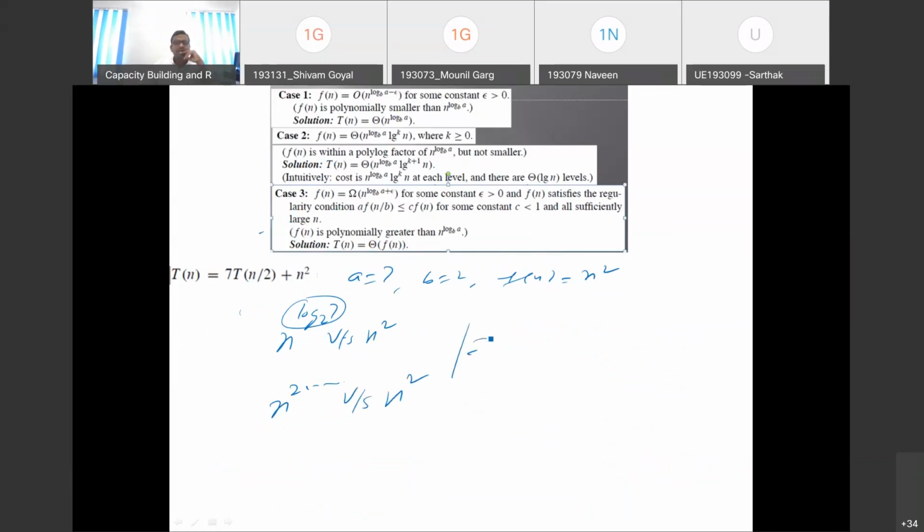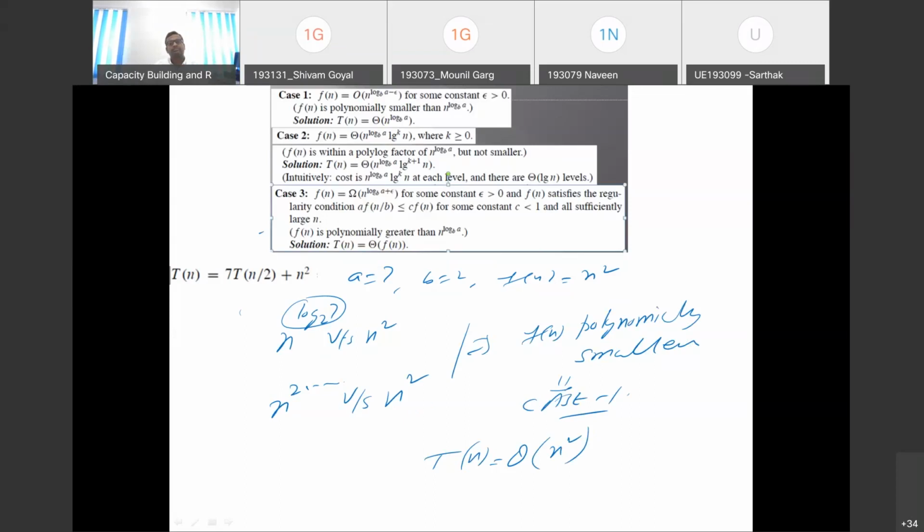Fine. So out of this we can say that f of n is polynomially smaller. If it is polynomially smaller, then case 1 is applicable. If case 1 is applicable, then its complexity T of n is going to be of the order of theta of n raised to the power log 7 base 2. So this is the other example.